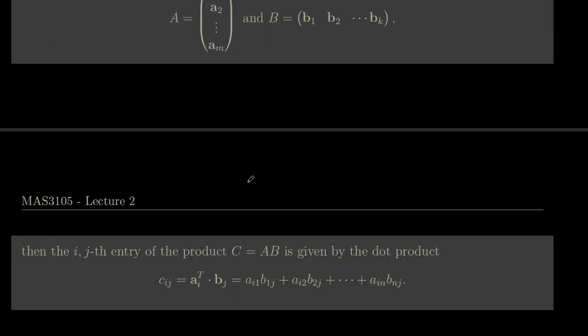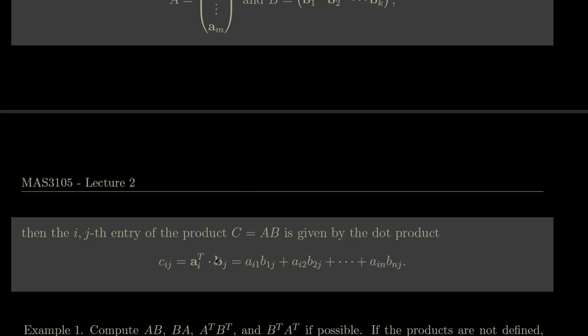And the matrix itself will be given by C, which is going to be A times B, and the ijth entry of A times B, which I'm going to call Cij, is going to be the transpose of the vector Ai dot product Bj. So remember, last time we did the dot product, this is why we introduced the dot product. So I could define each entry of the multiplication of the two matrices.